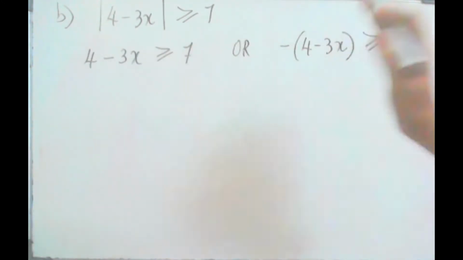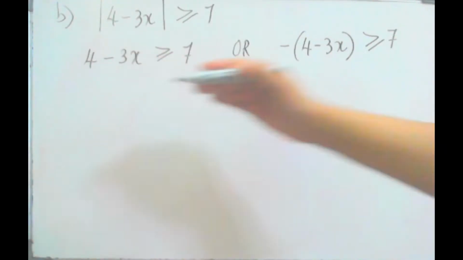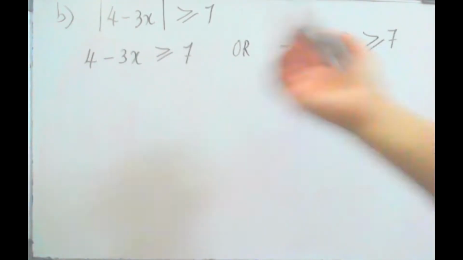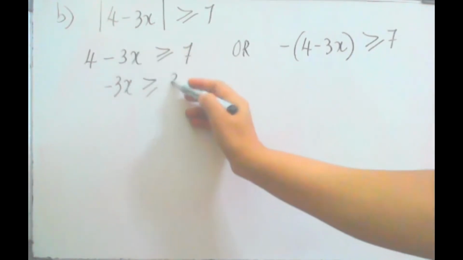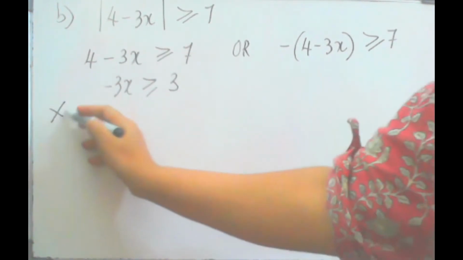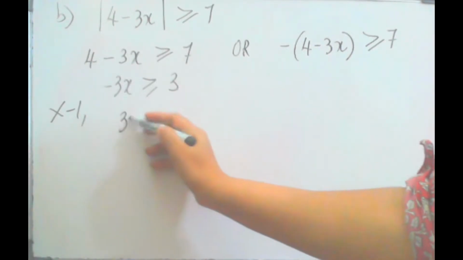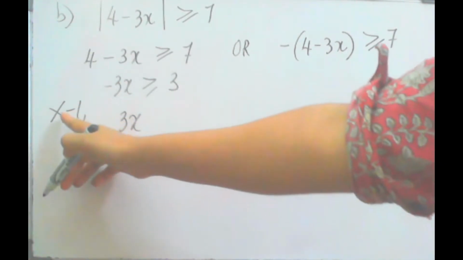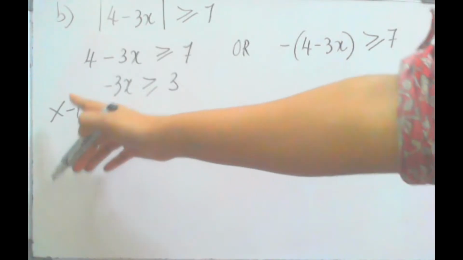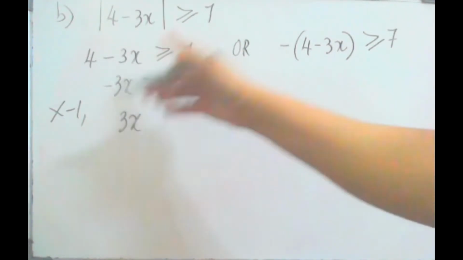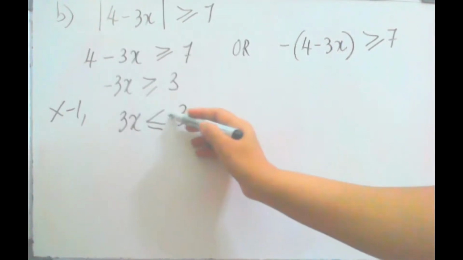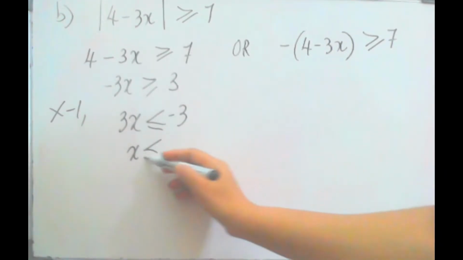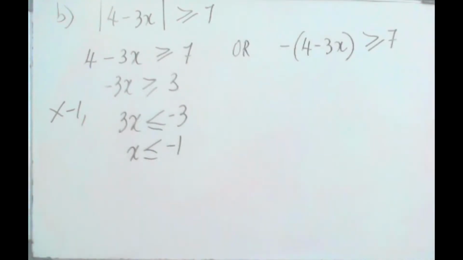I hope you have understood so far. Alright, after that, this is solving of any inequality. So we will solve this further. 7 minus 4 is 3. We multiply by minus 1 on both sides. We get 3x, and you know, when we multiply an inequality by a negative number, the inequality changes. So greater than or equal to becomes less than or equal to minus 3. So 3x is less than or equal to minus 1.